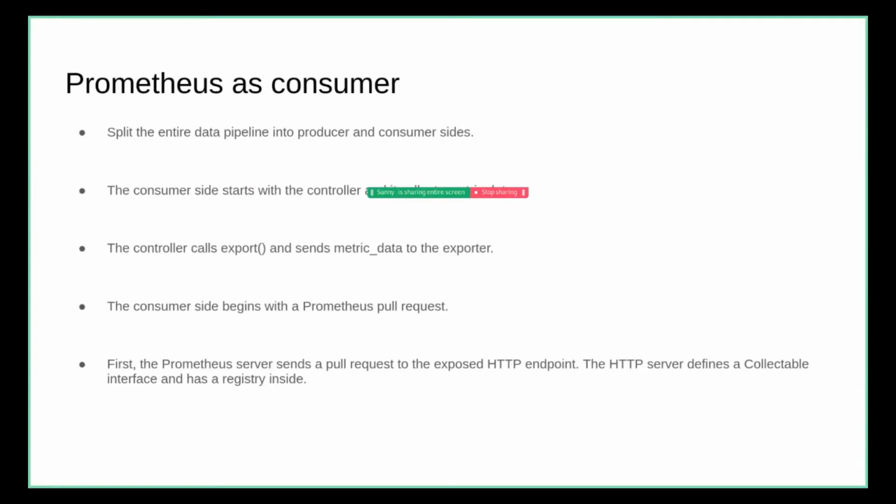The consumer side basically starts with the controller, and the controller calls the exporter and sends the metrics data to it. The consumer side begins with a Prometheus pull request, and whenever the Prometheus server sends a pull request to the exposed HTTP endpoint, it defines and gets a collectible interface, and it has a registry inside where we register for a particular endpoint, and it fetches data from there.